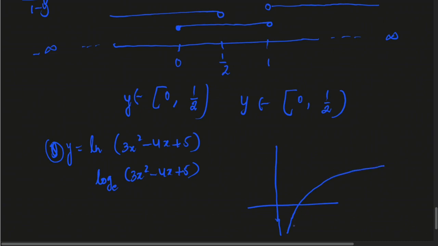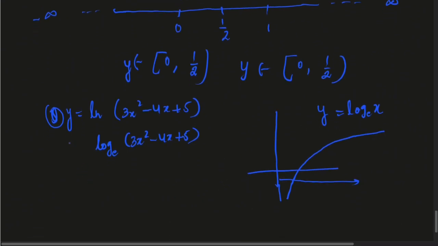So as x is increasing, the value of y is also increasing. This is y equals log e x. So as x is increasing, your y is also increasing. So the maximum value of x will give you the maximum value of y. Similarly, in this question, the maximum value of y will be given by the maximum value of this quantity 3x square minus 4x plus 5.